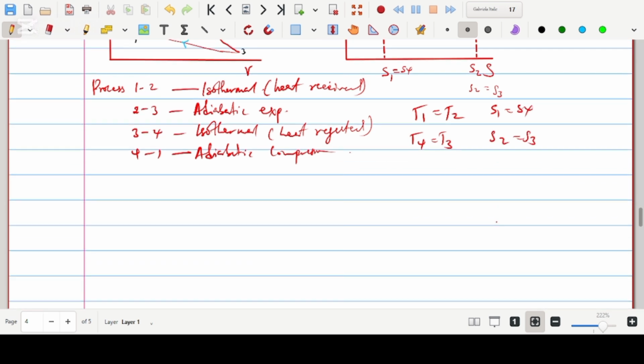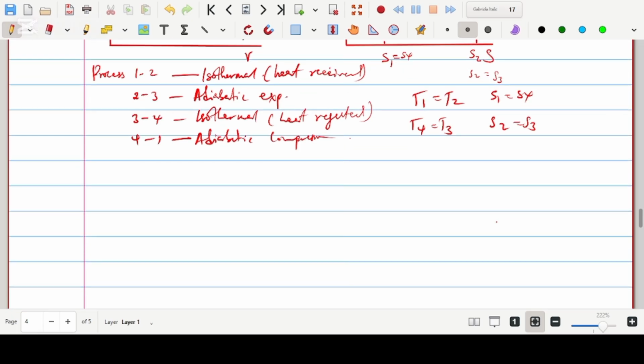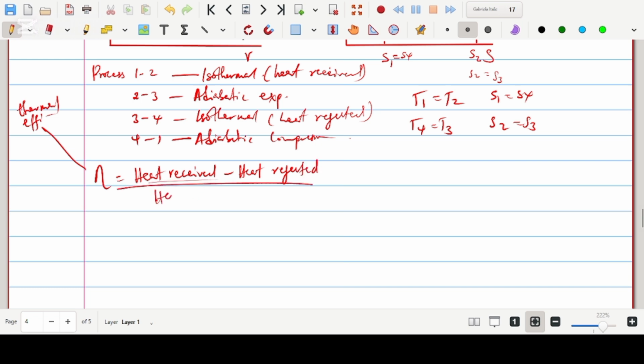Can you see that? Now, what is the efficiency of a Carnot cycle? We call it thermal efficiency. The thermal efficiency of a Carnot cycle is equal to heat received minus heat rejected, over heat received.